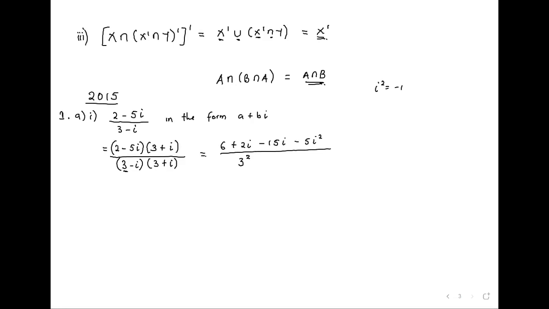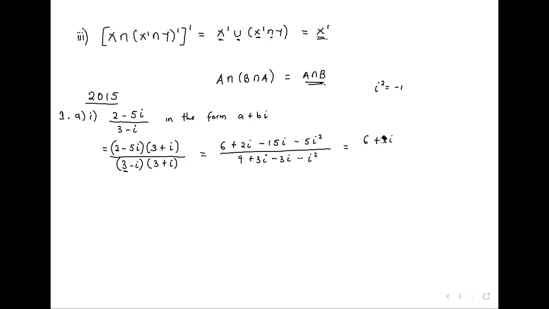Or if you are good at making mistakes, then avoid the shortcuts, just go by the multiplication. 3 times 3, 9, plus 3i minus 3i minus i squared. Then this becomes 6 plus 2i.